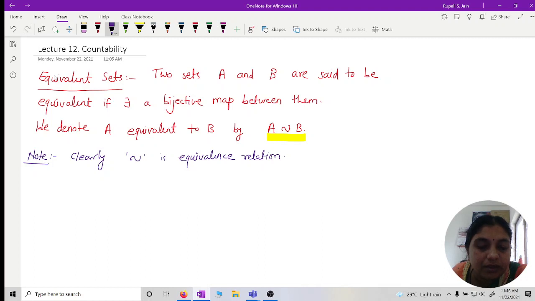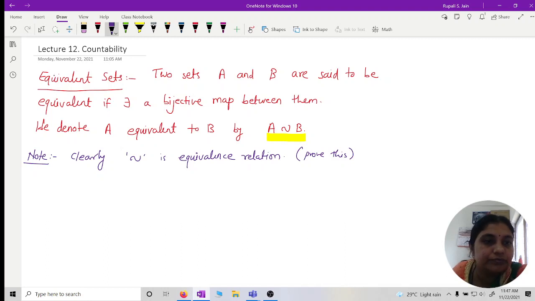If A is equivalent to B, B is also equivalent to A. And if A is equivalent to B and B is equivalent to C, then A is equivalent to C, we can show. So the tilde relation is transitive also. Therefore, clearly this equivalent sets relation is an equivalence relation. You can prove this.